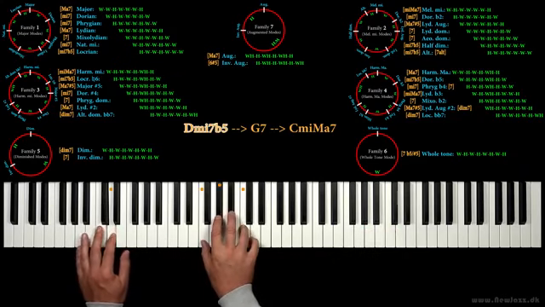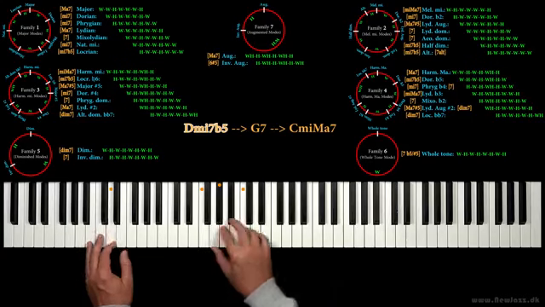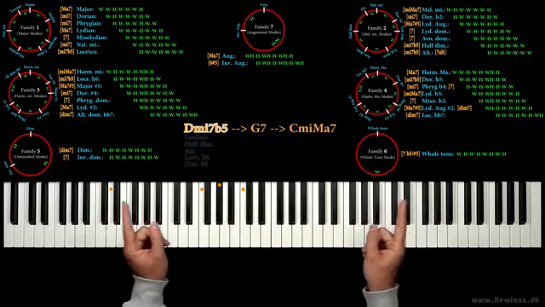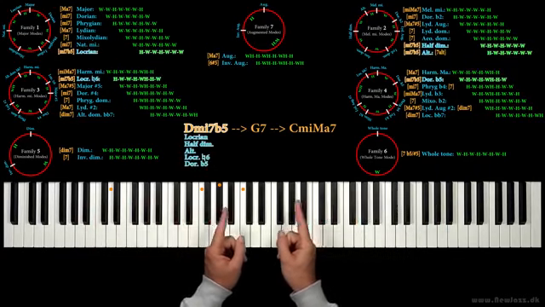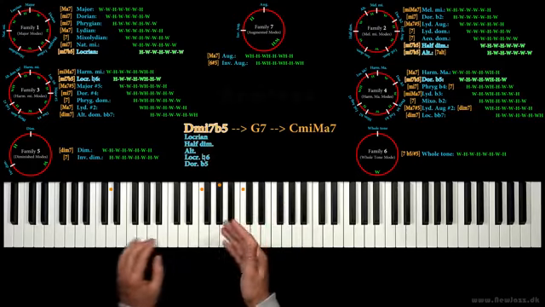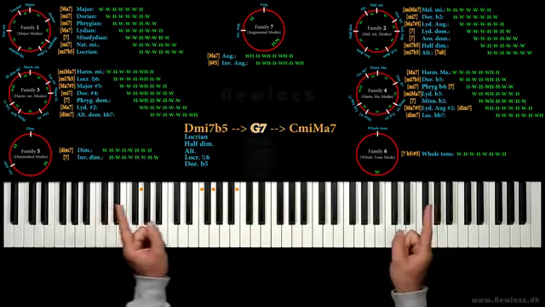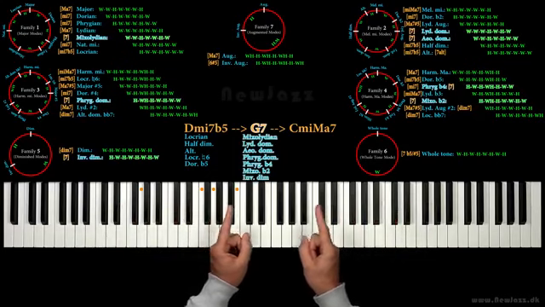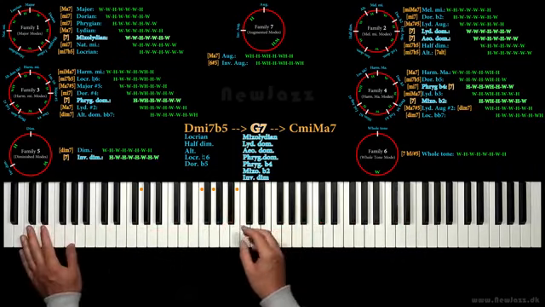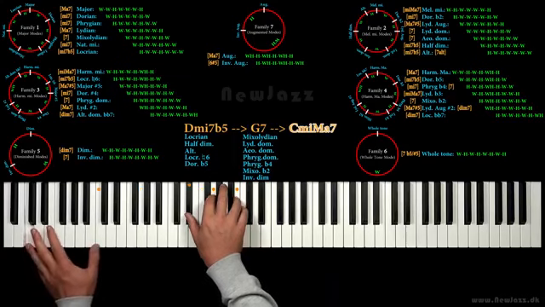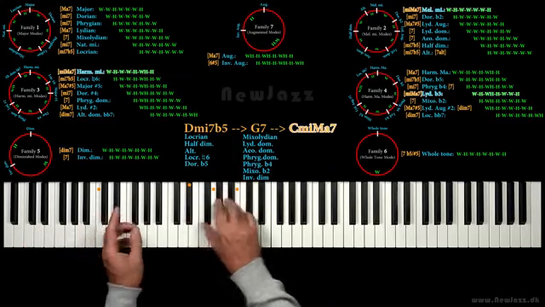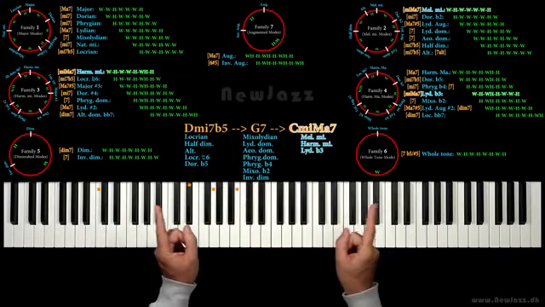Well, on the minor 7 flat 5 chord, we can do these scales. On the 7 chord, we can play these scales. And on the minor major 7, we have these options.